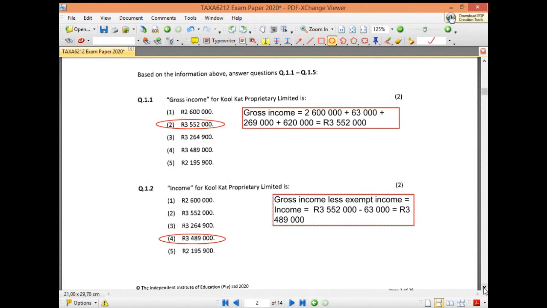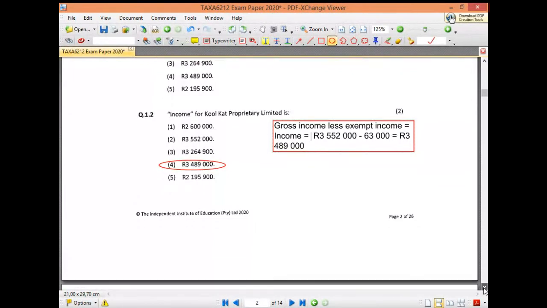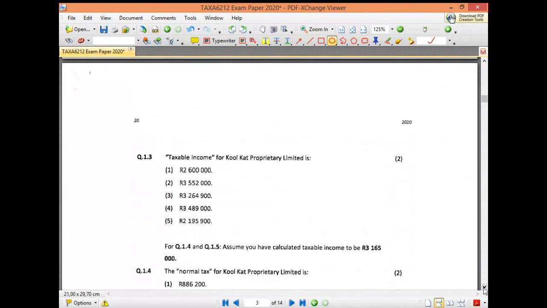Based on this paper, as well as the other version that I saw in the library and the 2019 paper, they've actually asked this in 3 papers already. So you can assume to see something similar to this. Make sure you know what gross income is, how to calculate it, how to calculate income, and how to do taxable income. Okay, so the next thing they ask you is to work out the taxable income.